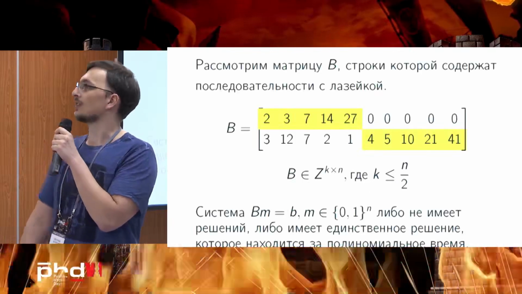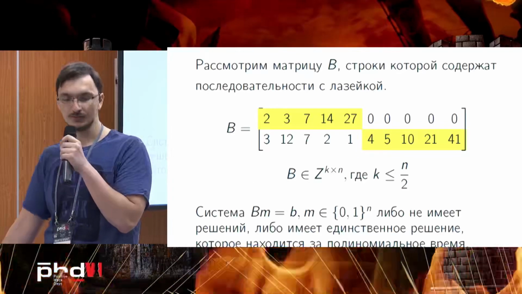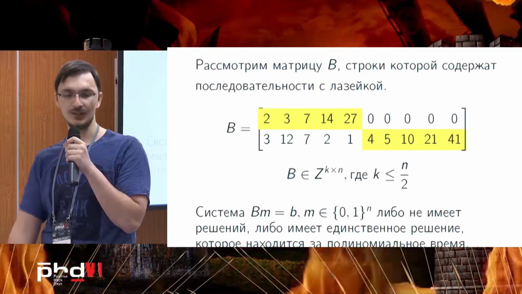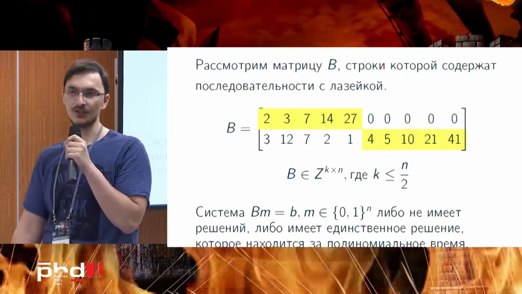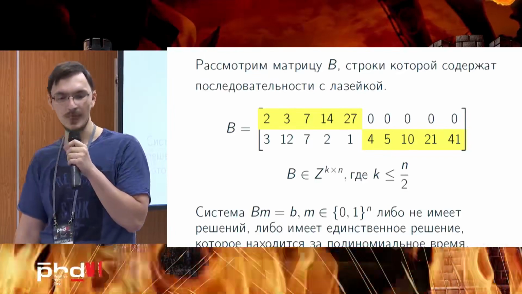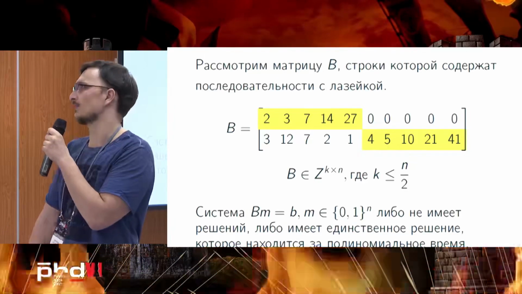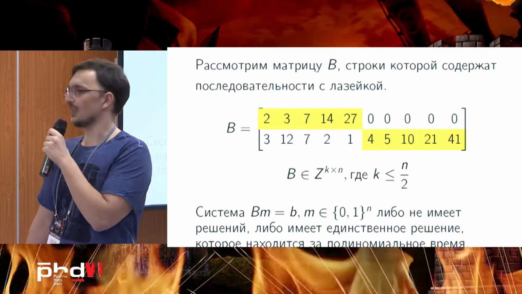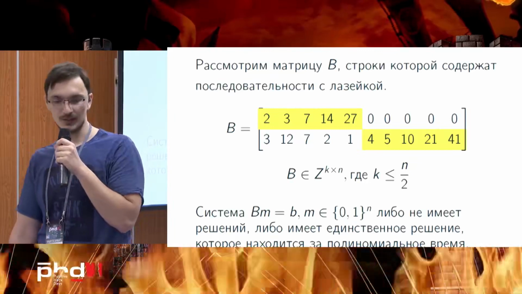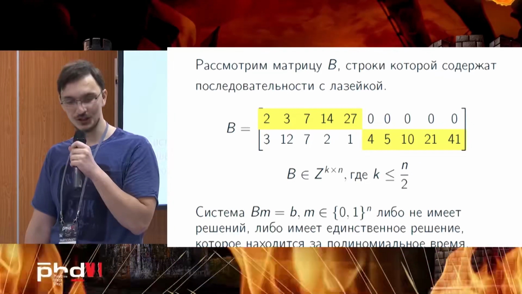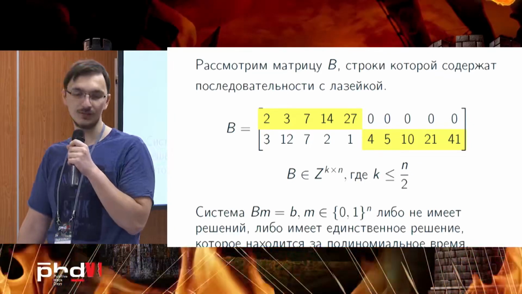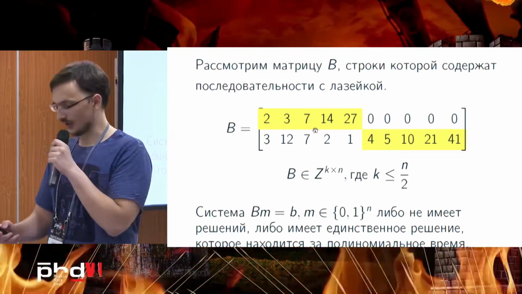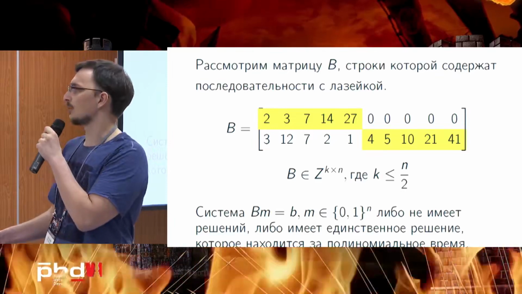Why do we need it? We have two crypto systems. We take this from linear programming. Why do we need to have them? We have a closed key made out of it. The closed key starts from matrix B. It is made up of strings. There can be variable numbers and zeros.